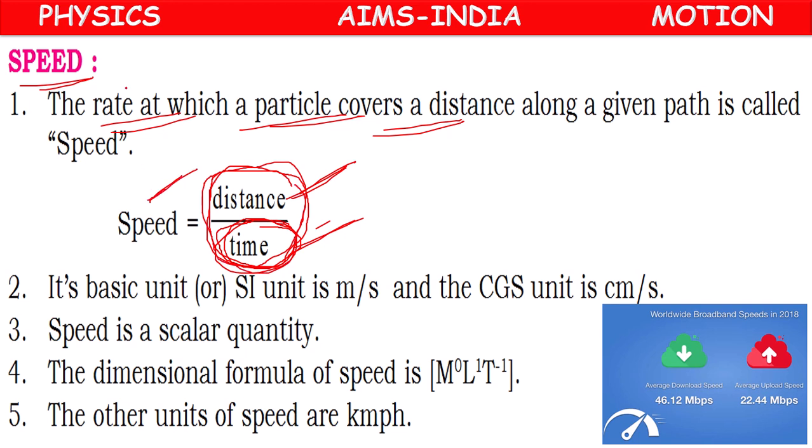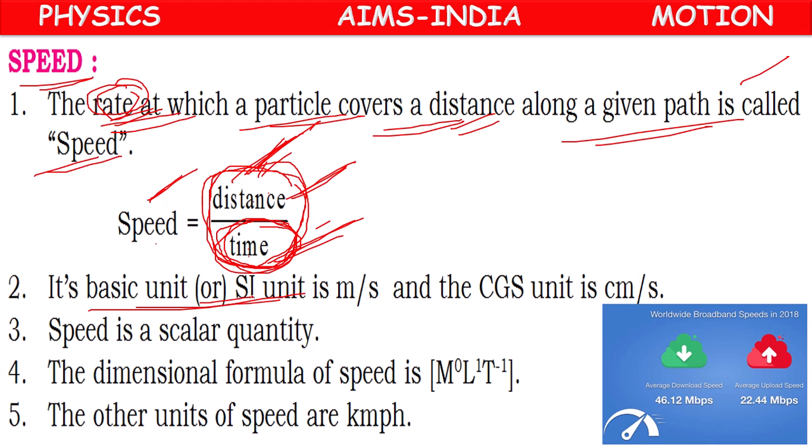Why are we using the word rate here? Because we are checking the distance with respect to time. So the rate at which a particle covers a distance along a given path is called speed. So speed equals distance by time. Its SI unit is meter per second, CGS unit is centimeter per second.